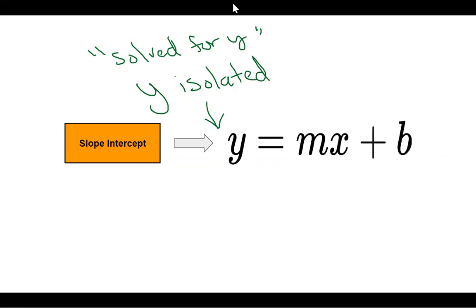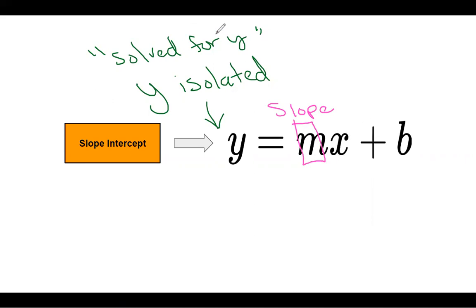Now, mx, the m, continues to represent our slope. So the slope is in front of our x. Whenever you identify the term with an x, that's the slope.